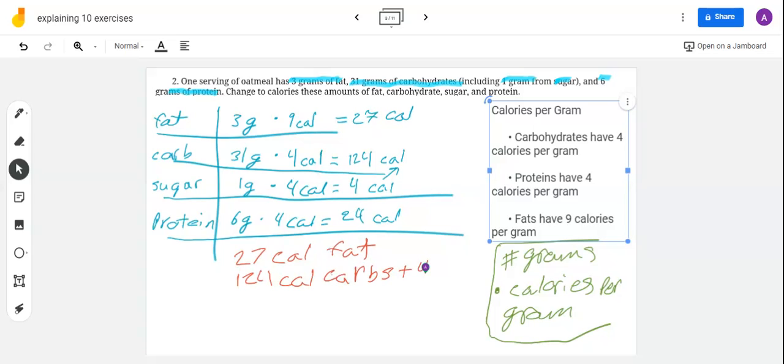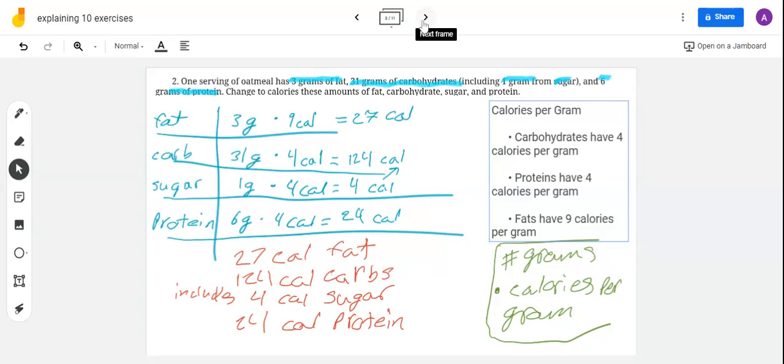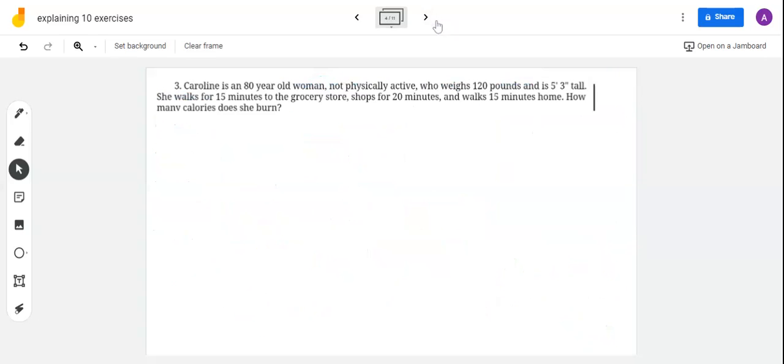Sorry, that would not be plus, that would be including. And then the 24 calories of protein. So those will be your answers for number 2, right? So let's move on to question 3.